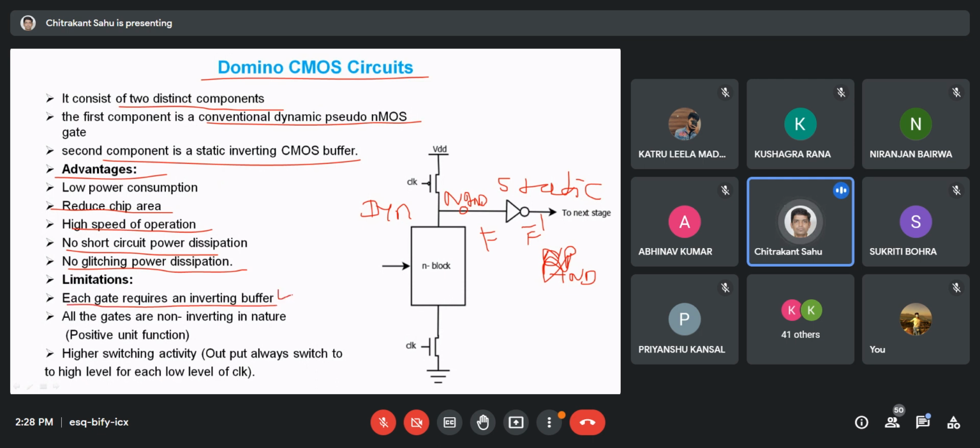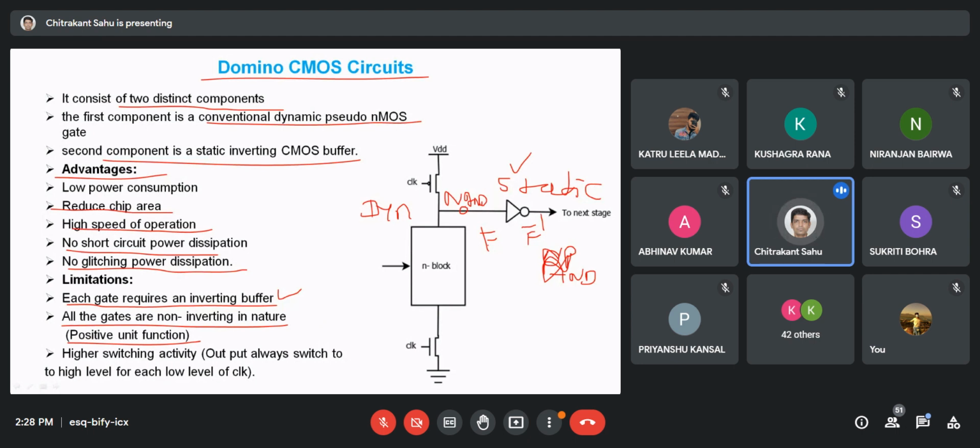Each gate requires an inverting buffer. That is the limitation. For every stage there should be an inverter. All the gates are non-inverting in nature, so we will not always get the useful things. If we are making domino logic, that will give a non-inverting kind of behavior because we have kept one static inverter only.